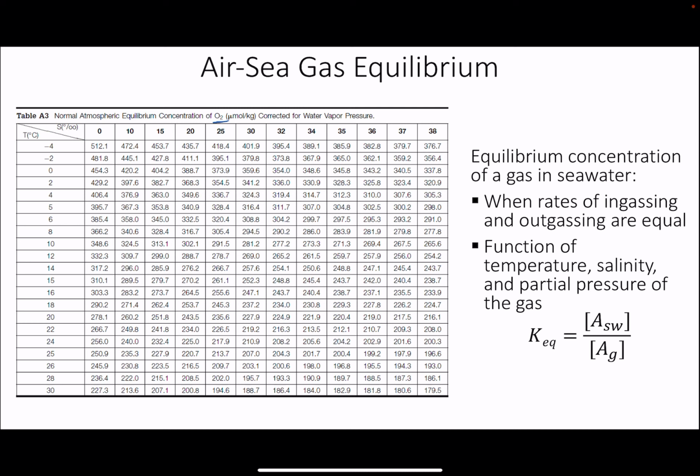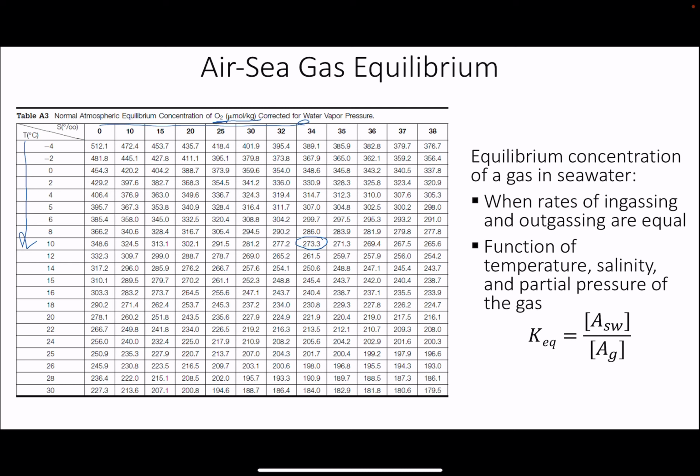So this makes it super easy, right? You find the temperature of your water here, and then you find the salinity of your water here, and then you look. So you say, my water is 10 degrees C, and the salinity is 34. So the equilibrium concentration of oxygen is 273.3. In this case, the units are micromole per kilogram, and you can compare what you go out and measure to this number from the table.